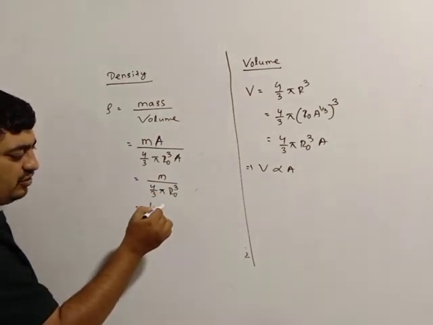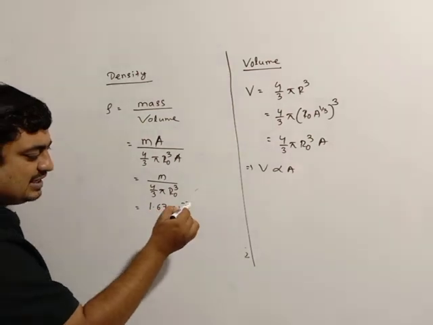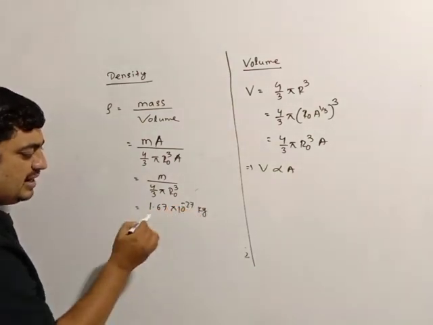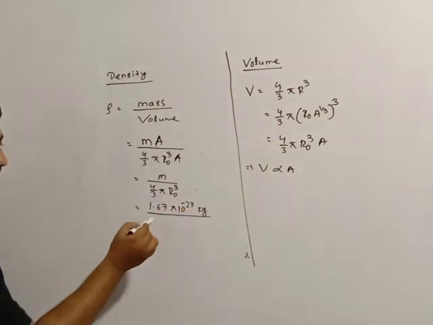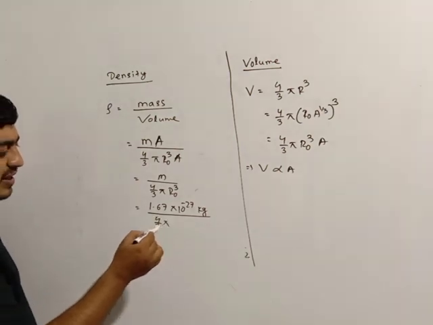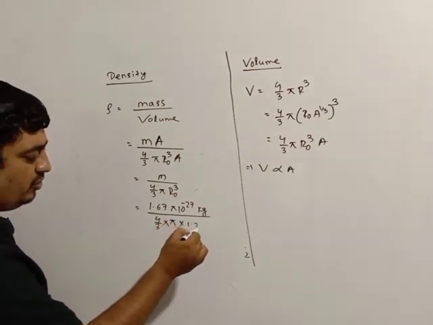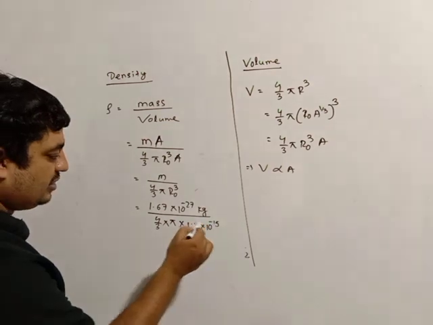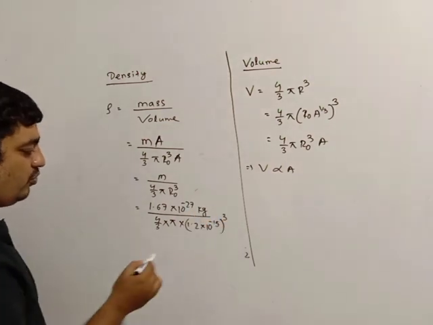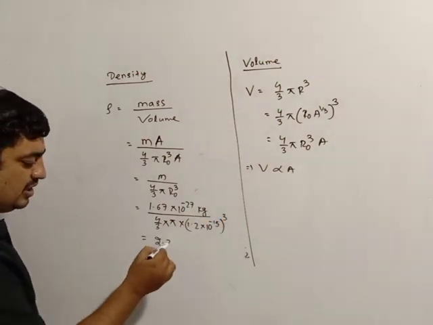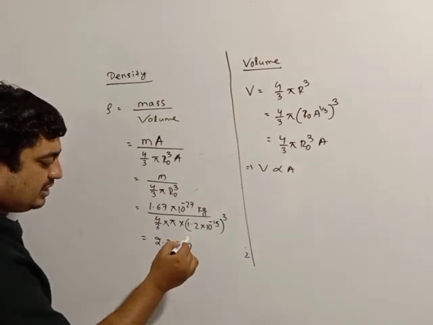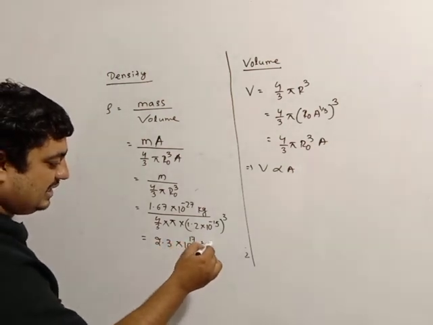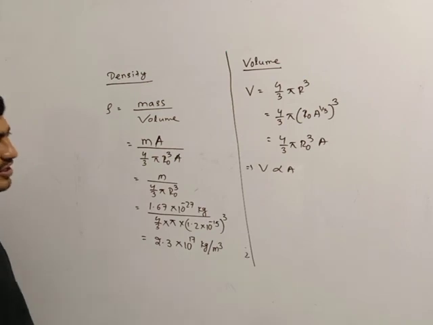Now the value of m is 1.67 into 10 to the power minus 27 kg, divided by 4 by 3 into pi into 1.2 into 10 to the power minus 15 whole cube, which is equal to 2.3 into 10 to the power 17 kg per meter cube.